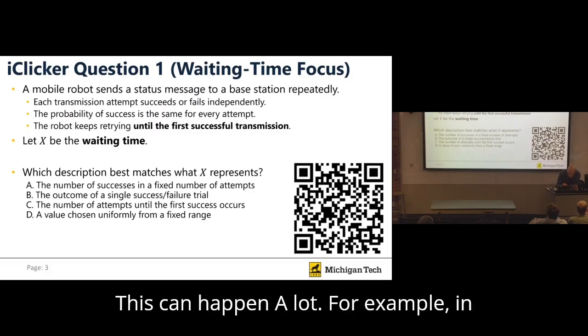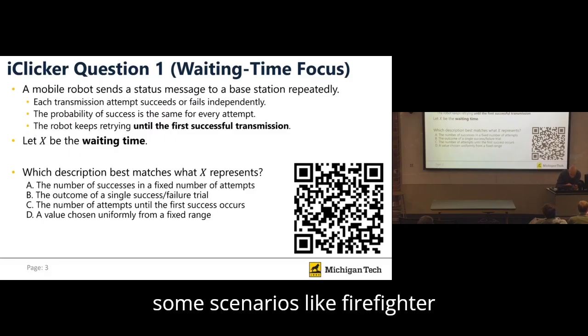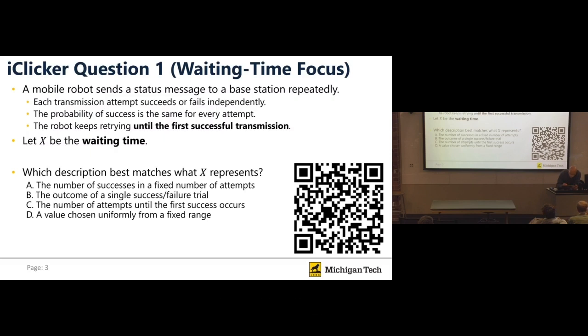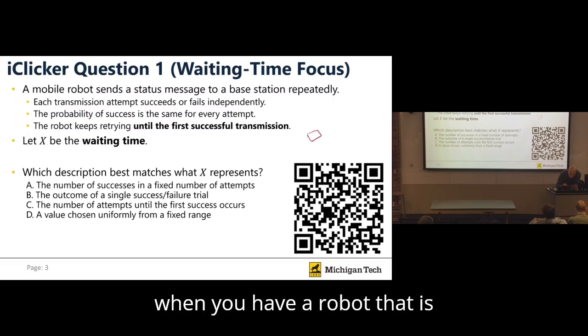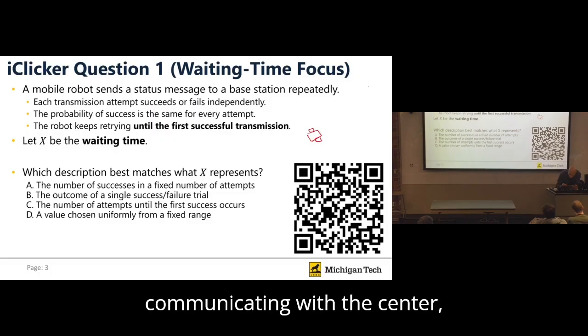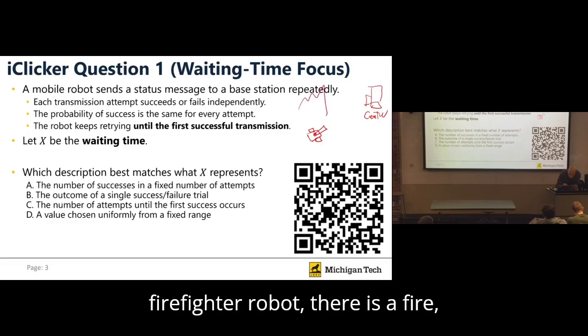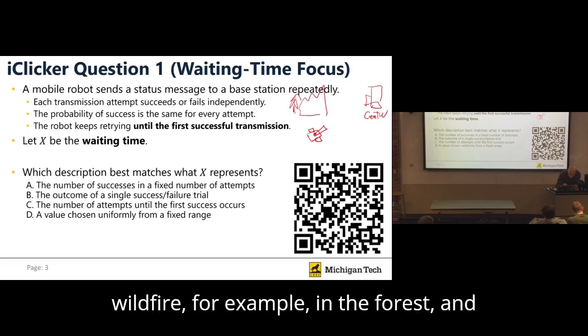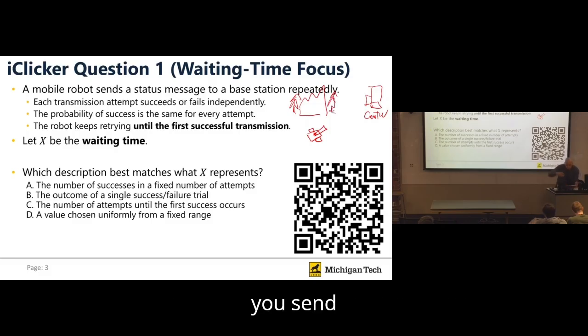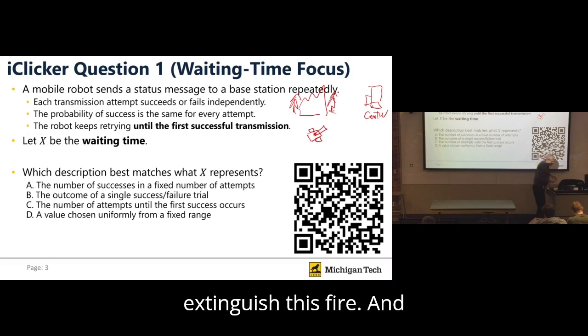This can happen a lot. For example, in some scenarios, like a firefighter robot, when you have a robot that is communicating with the center. There is a wildfire, for example, in the forest, and you send lots of robots to go and extinguish this fire.